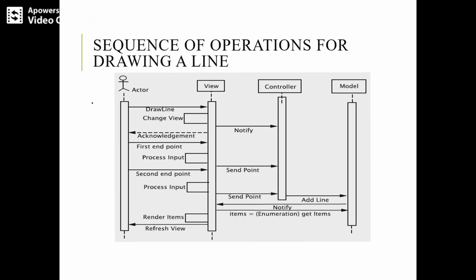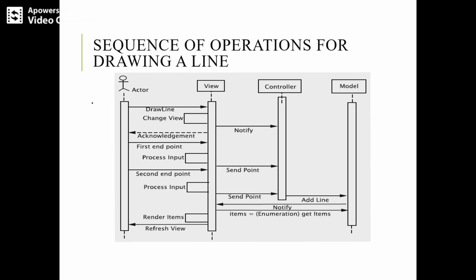After that, we add a line. Actually, the entire line, from the first endpoint to the last endpoint, is added in the model. We can see this in the notify, in the change view. Whenever we need to refresh the view, we come to know whether the line is added or not. Here the item is the enumeration of the notification, the enumeration of get items.